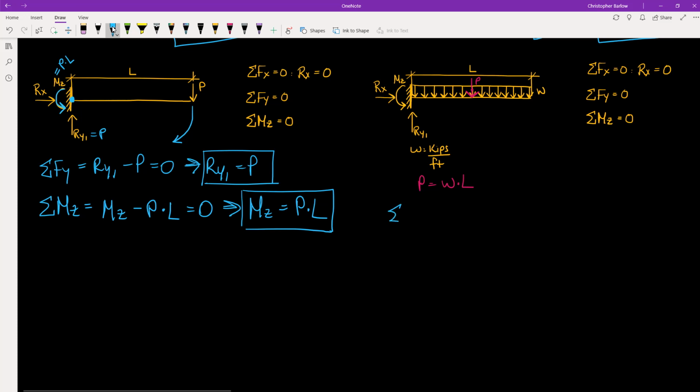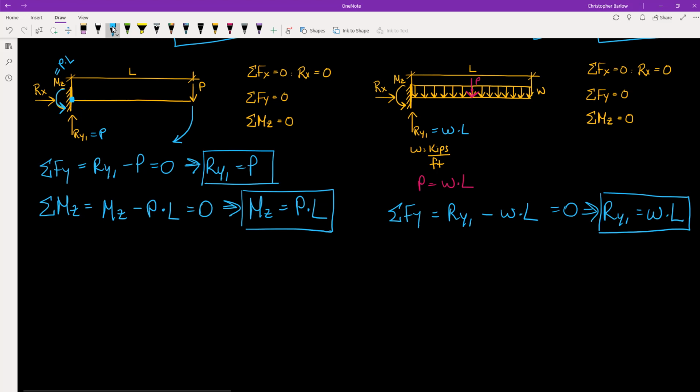Now we sum forces in the y. Ry1 minus W times L equals 0 gives us Ry1 equals W times L for our reaction in the y.